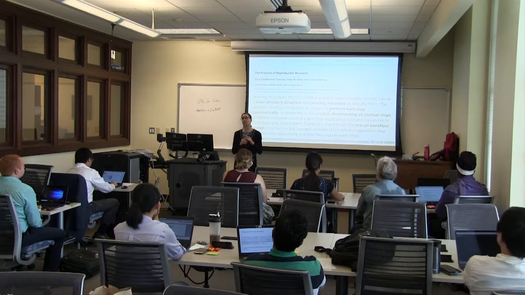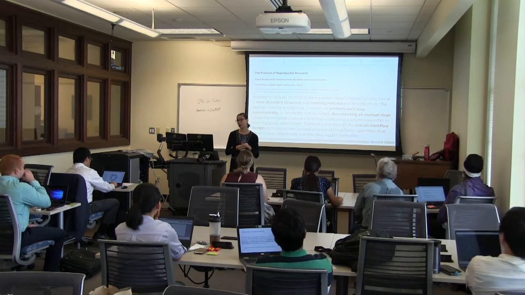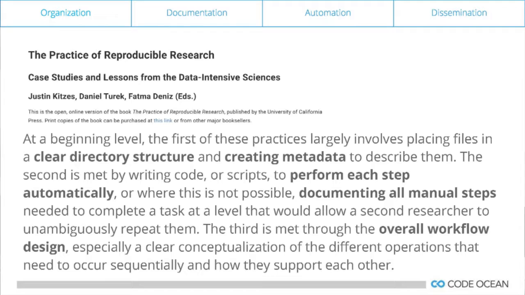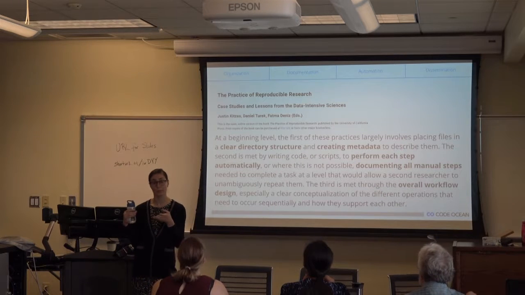So there's a lot of guidance available right now on best practices in reproducibility, and I highly recommend you do a little bit of exploring to find out what guidance is appropriate to your discipline and appropriate to your methods. We're kind of living in a golden age of guidance right now in terms of reproducible best practices.